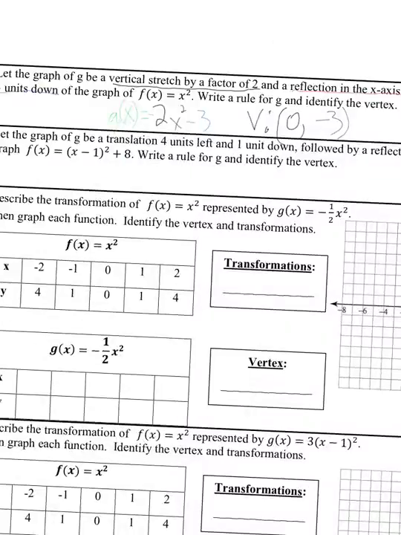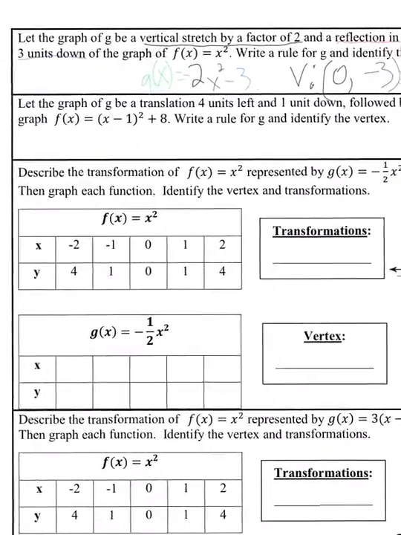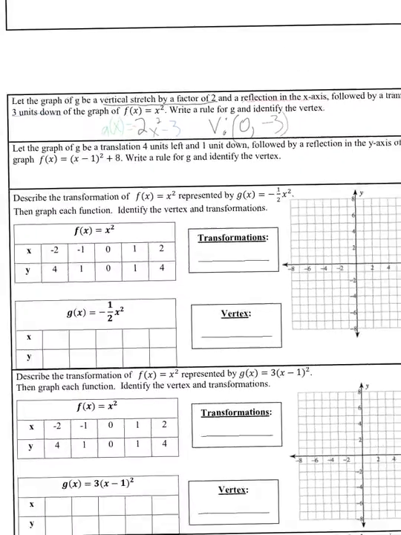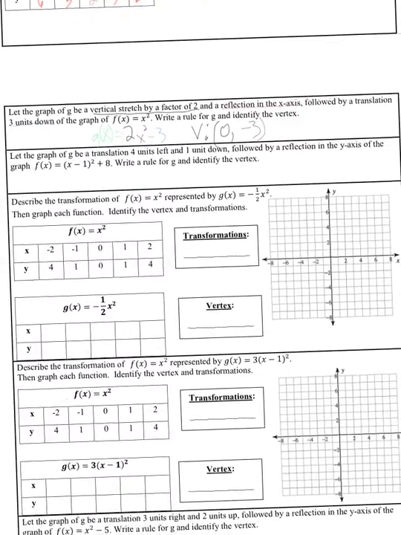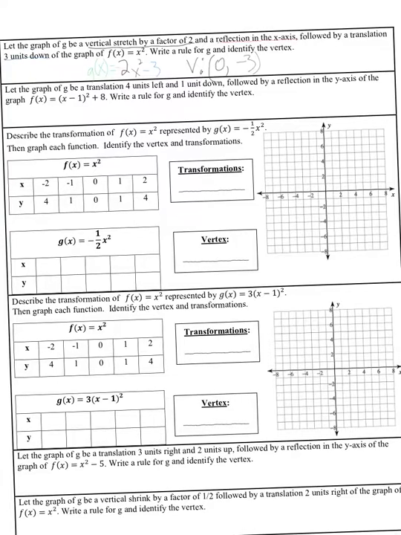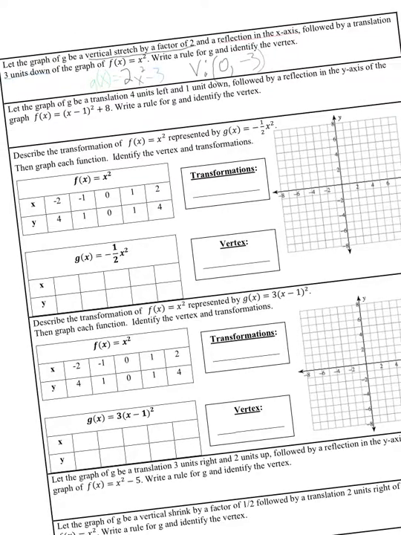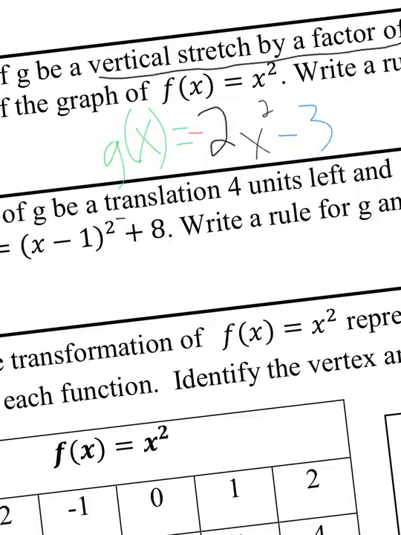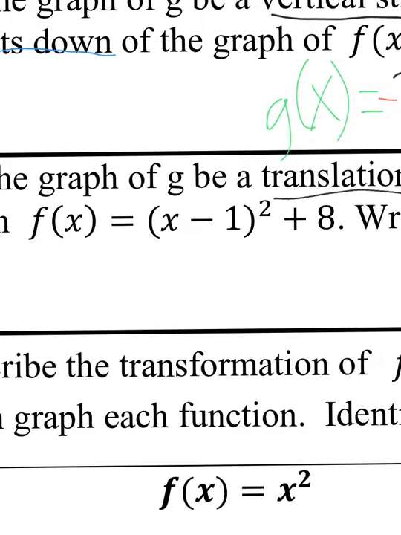So let the graph of g be a translation 4 units left and 1 unit down, followed by a reflection in the y-axis of the graph of f of x equals (x minus 1) squared plus 8. Write a rule for g and identify the vertex. So translate 4 units left means I'm going to add 4 to the inside of the problem. So I'll put a little plus 4 right here.